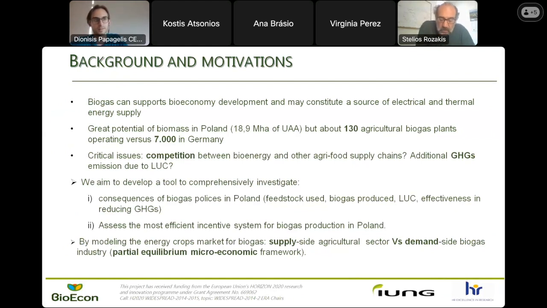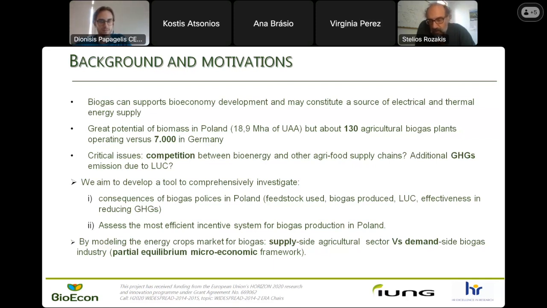For instance, in the countries of Central and Eastern Europe, some of them are quite advanced. Germany has a very proactive policy for biogas development. Poland, which has more or less the same potential, is far behind.